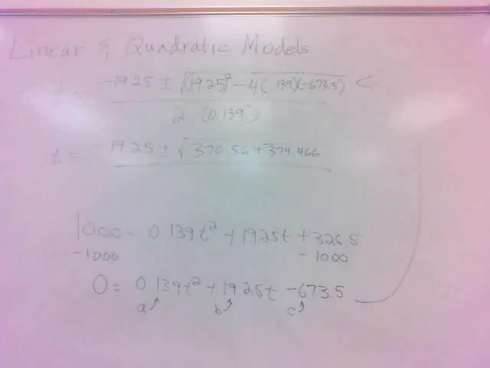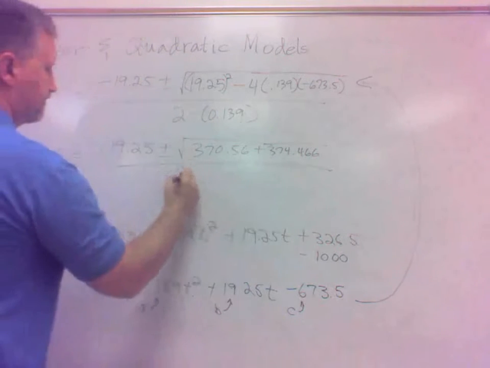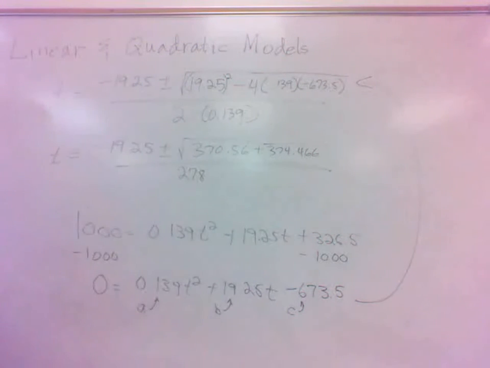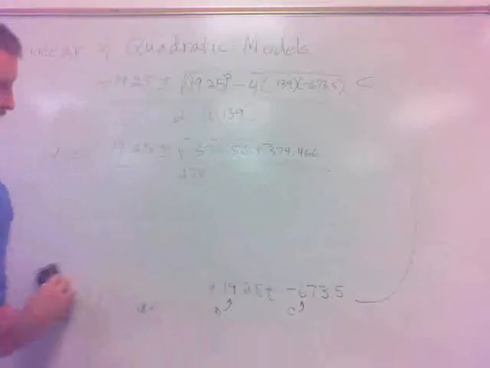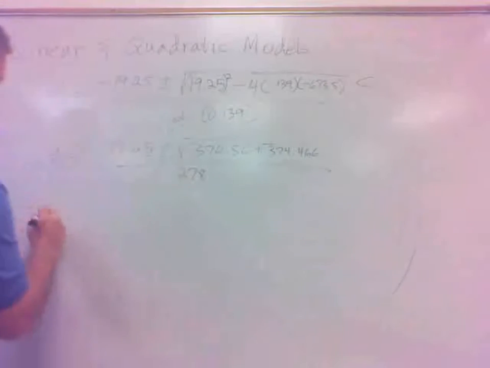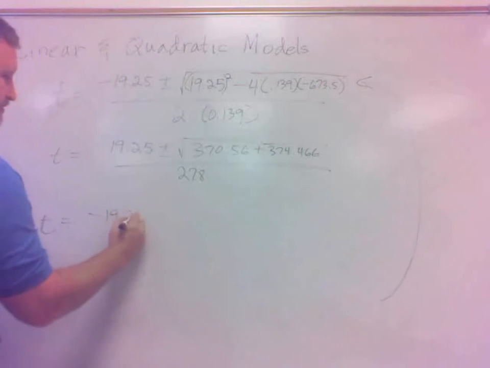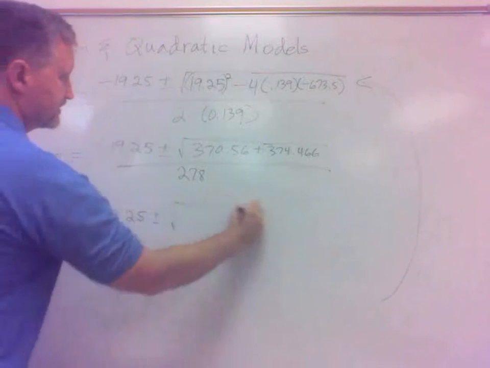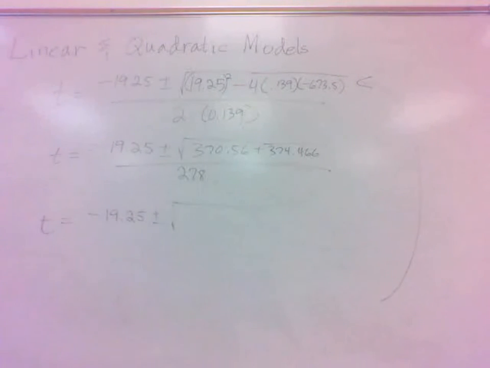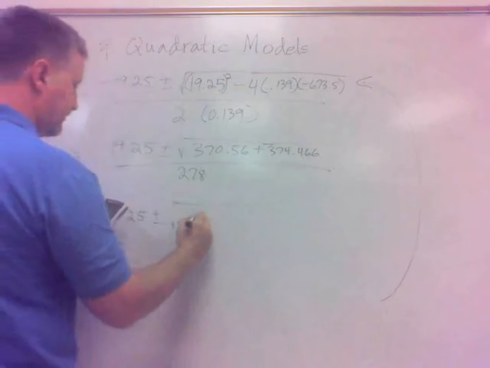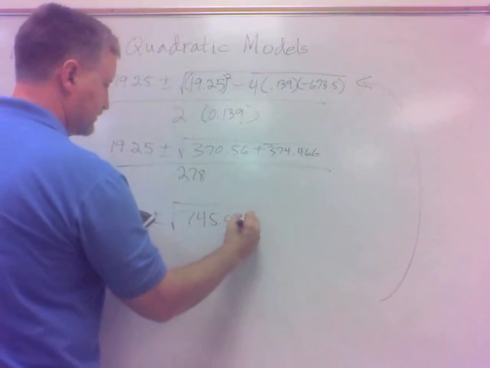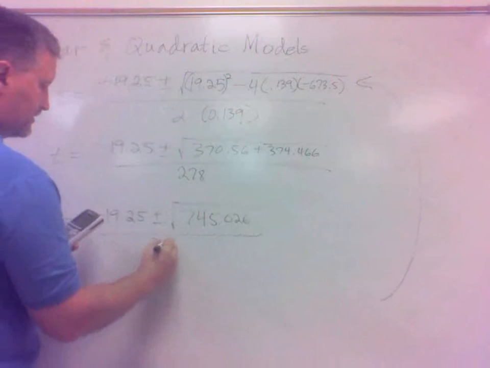And then we'll divide that by 0.139 times 2, 0.278. All right, so that will get me negative 19.25 plus or minus the square root of 370.56 plus 374.466, which is 745.026, divided by 0.278.